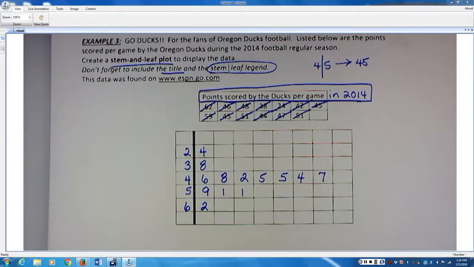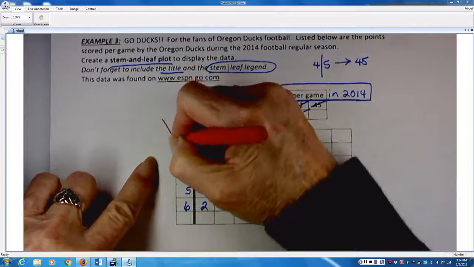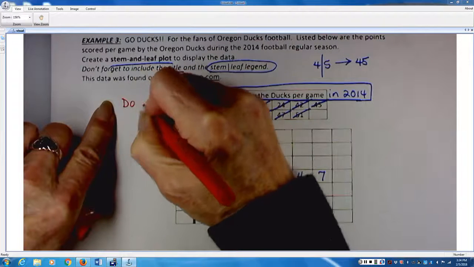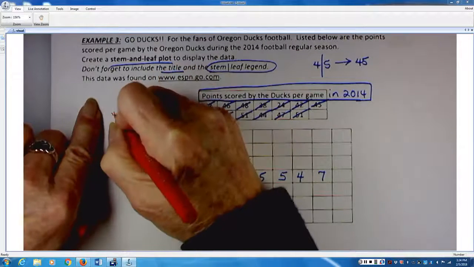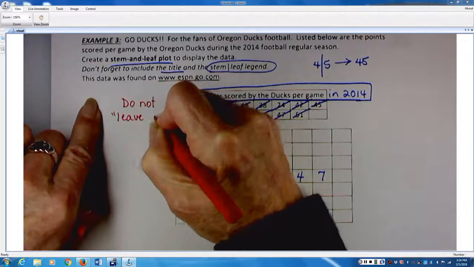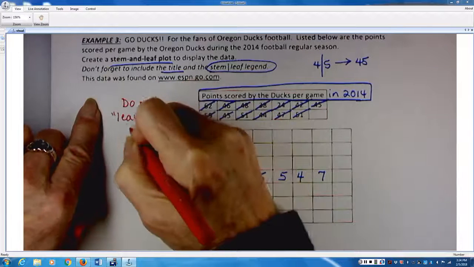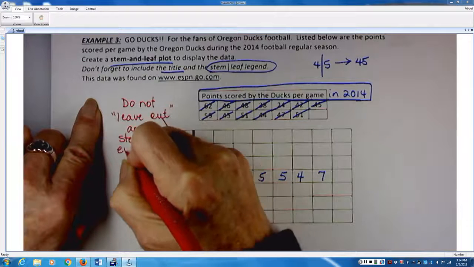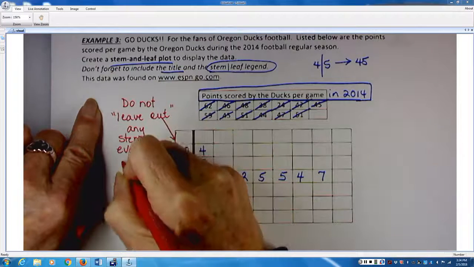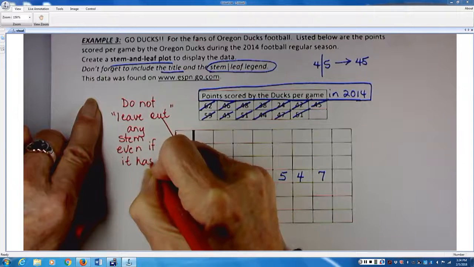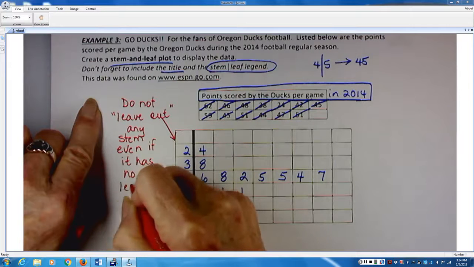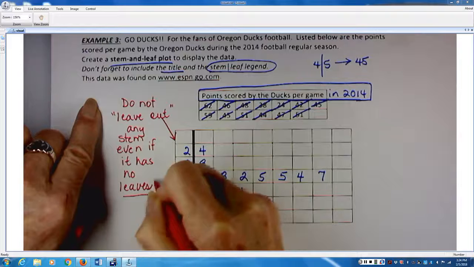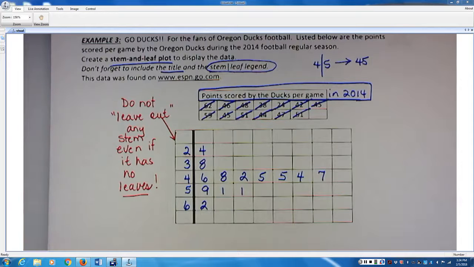Important things to notice here. Do not leave out any of the stems, even if that stem has no leaves.